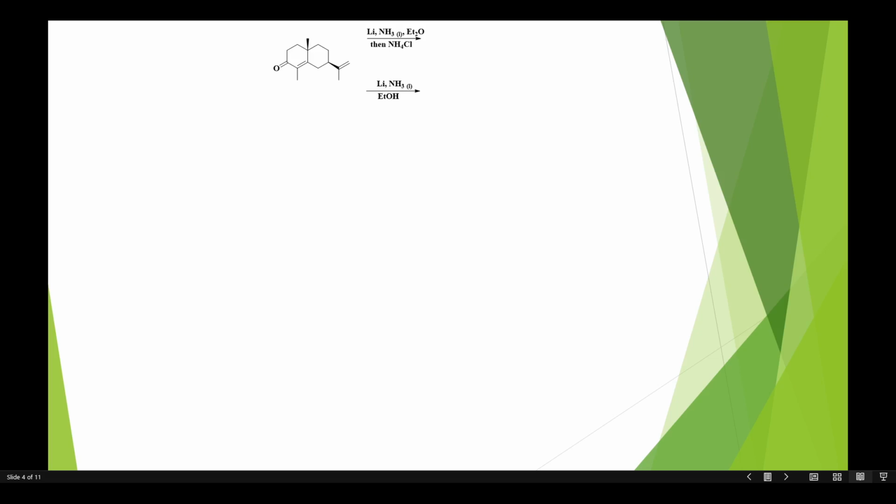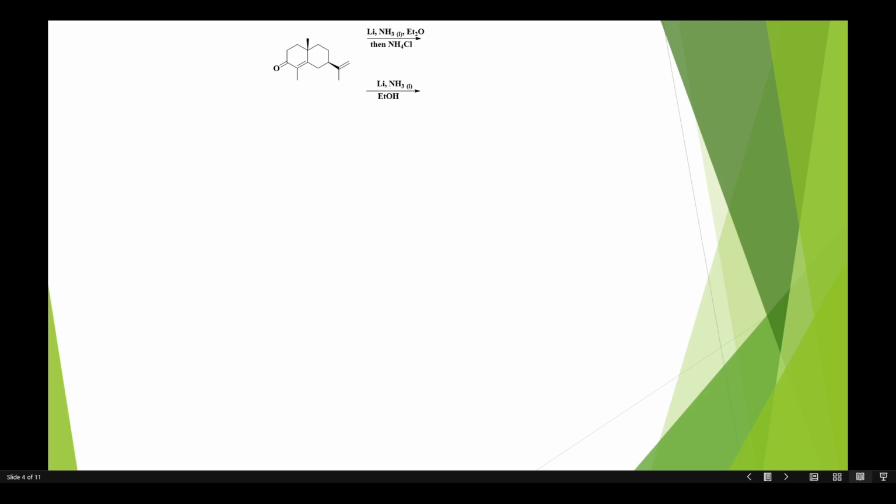In the structure we also have an exo alkene. Do you think that alkene will be reduced by Birch reduction? Generally an alkene group will not be reduced in the presence of Birch reduction. Only if the alkene is conjugated to an electron withdrawing group will it be reduced, particularly in cases like the alpha beta unsaturated ketone. That's why it will be reduced.